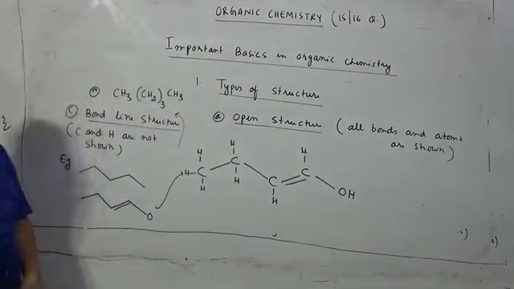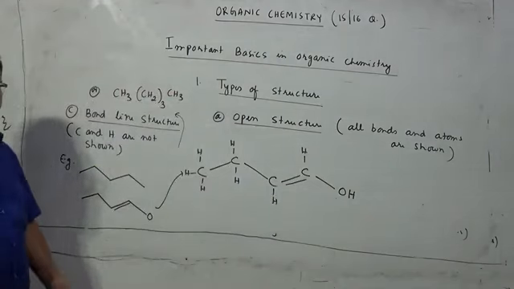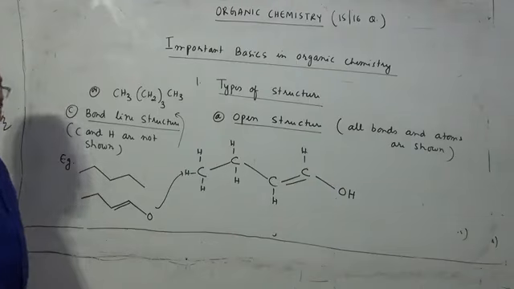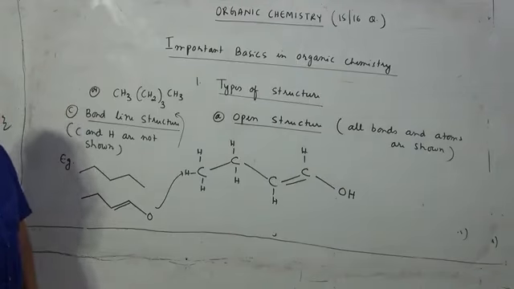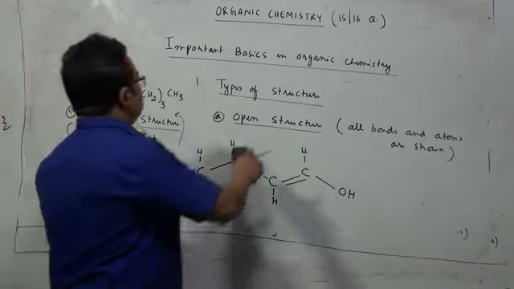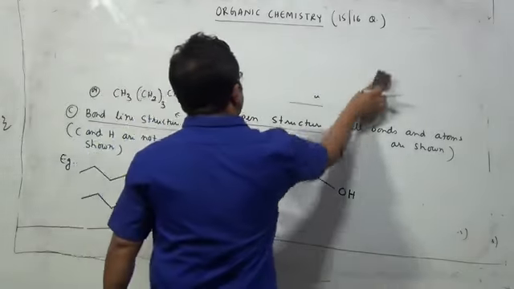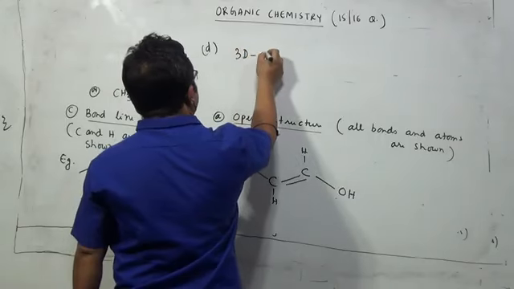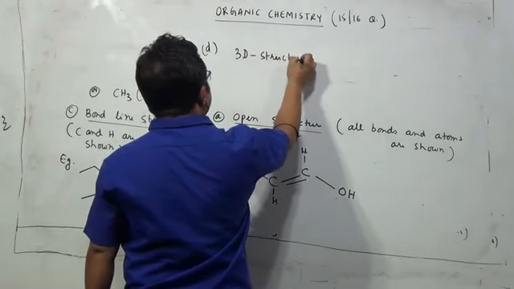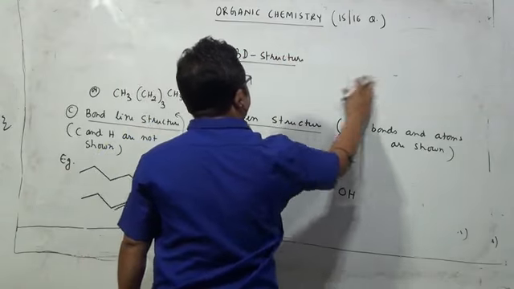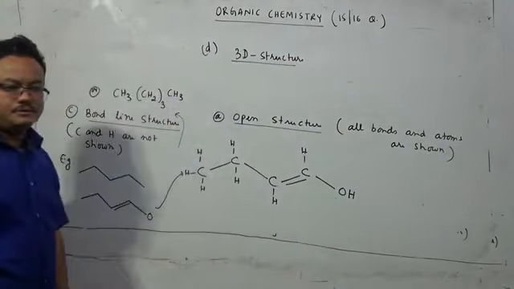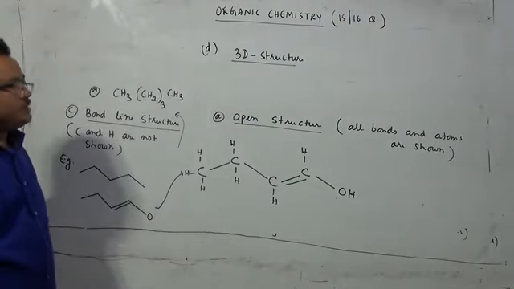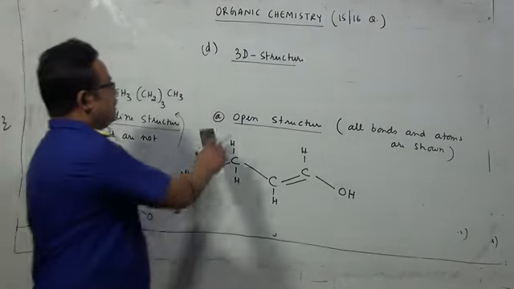So these are the types of structure: open structure, condensed structure, intercondensed form, then bond line structure. We have one more structure, the 3-dimensional structure.